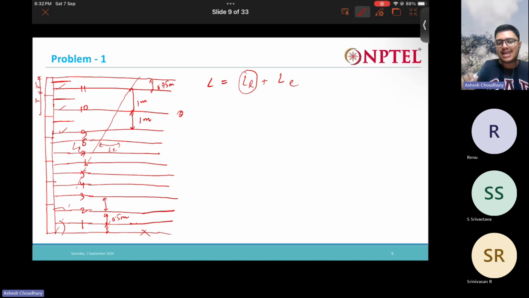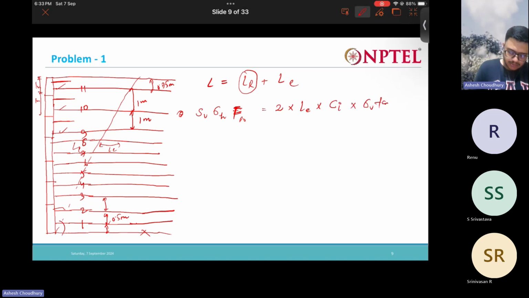But how to find the LE? This is the embedment length. To find the LE, we equate the forces coming to the shear resistance that develops.